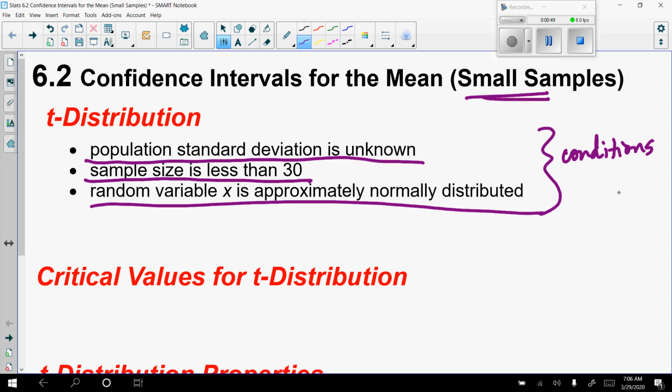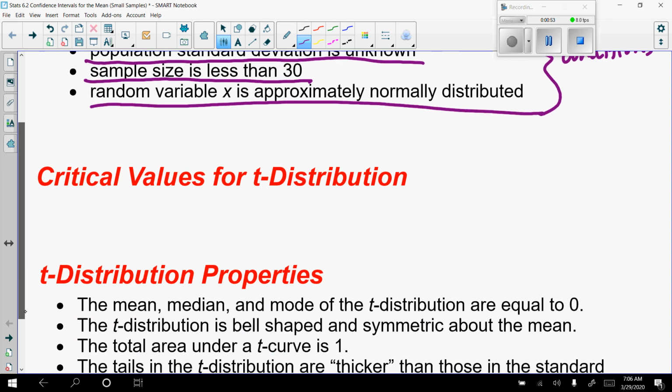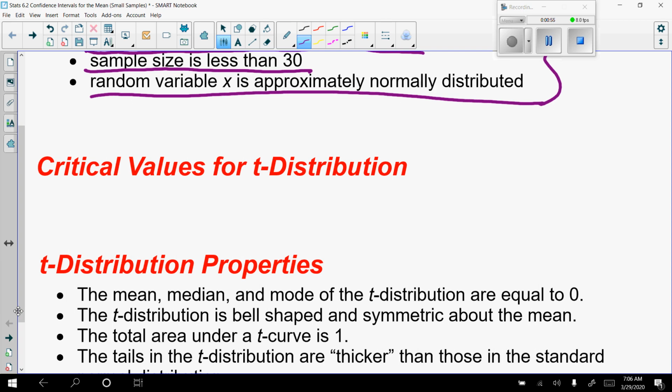So if your sample size is small, then you have to do this. Since x bar doesn't follow a normal model, it follows a t-distribution instead of a normal distribution, we have to find critical values for a t-distribution instead.